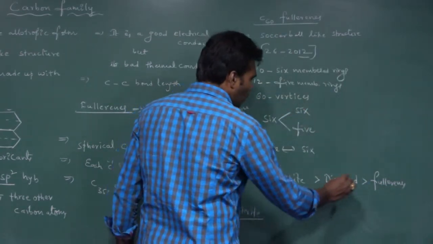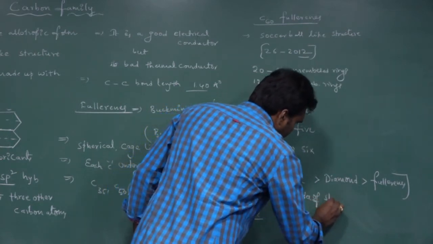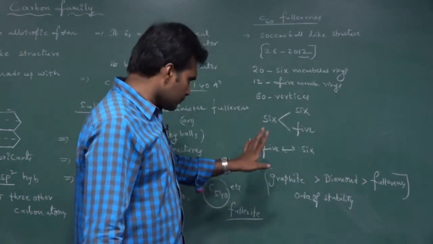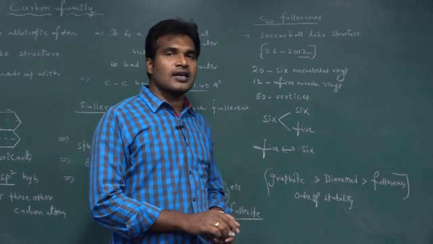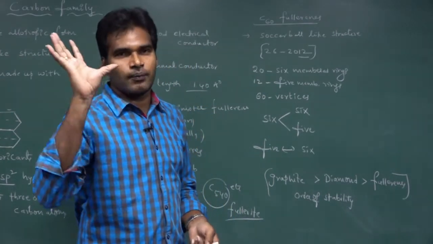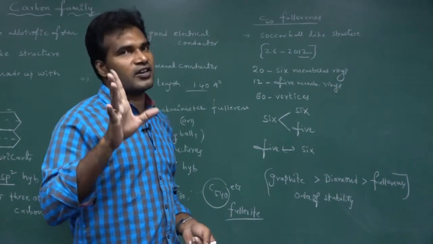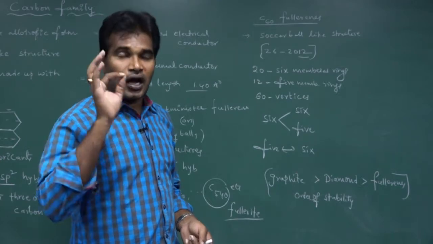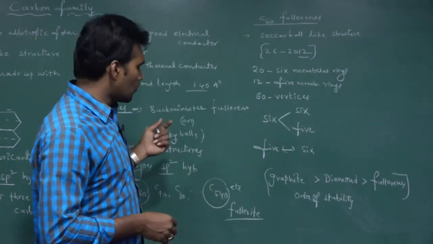This is the order of stability. Remember that, very important. And one more thing, fullerenes are the purest form of allotropic forms of carbon. The most stable allotropic form is graphite. The hardest allotropic form of carbon is diamond. So these are the 3 allotropic forms of carbon.